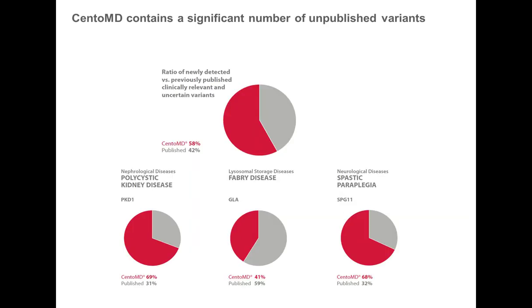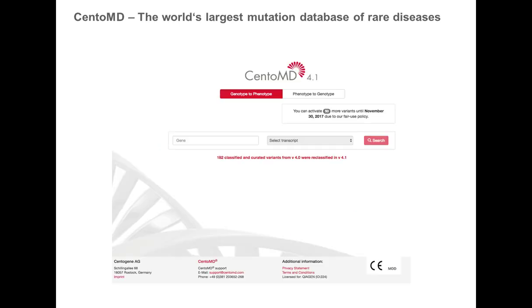When we take a look to see how many of these variants are known in the published literature, we see a very large, significant part of those variants that are not found in the published literature. So in aggregate, CentoMD contains around 58% of variants that are not found anywhere else. But if you look at certain rare diseases, that level of unpublished variants can vary as high as 69% or as low as 41%.